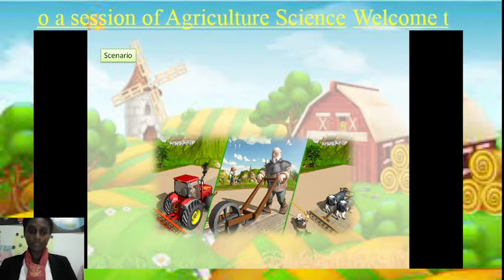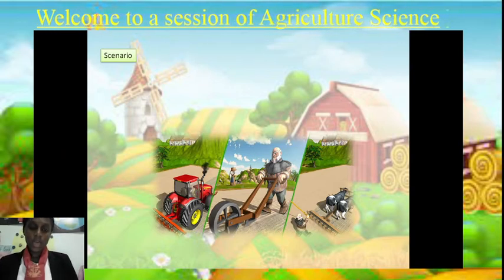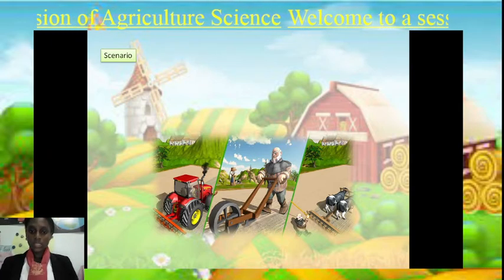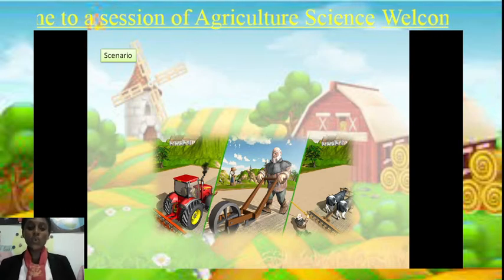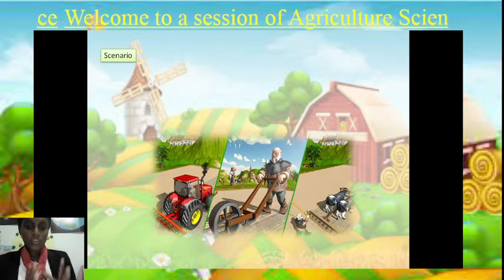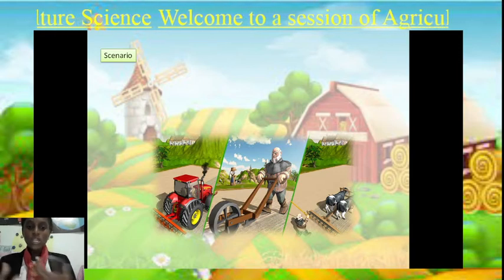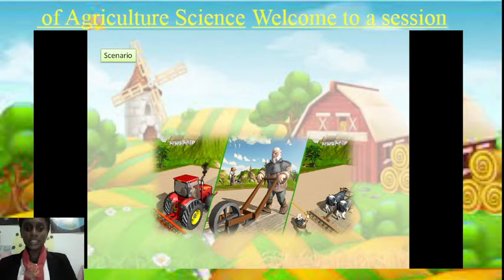Okay? He has a simple machine that is being operated by a wheel and some wood that he constructed together. And what is he doing there? He's using that machine to upturn his soil, or to make the soil loose so that cultivation can be done easily, right?